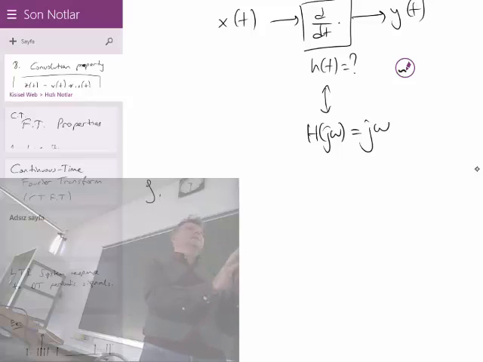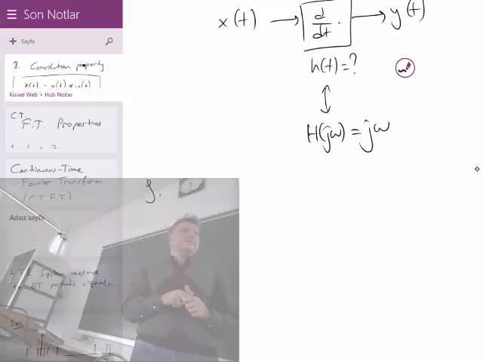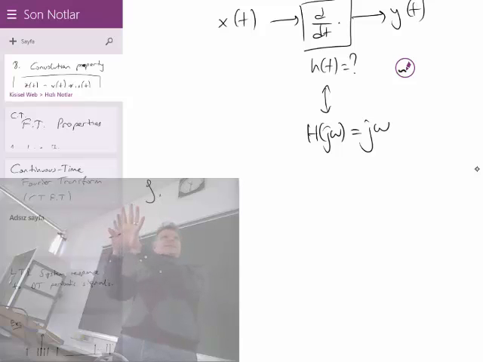If you multiply two things in time, then their Fourier transform correspondence would be the convolution of their Fourier transforms on the omega axis. How do you convolve on the omega axis? You flip around one of the functions and then slide, take the overlaps, take the integrals of the overlaps, etc. We know how to convolve, right?